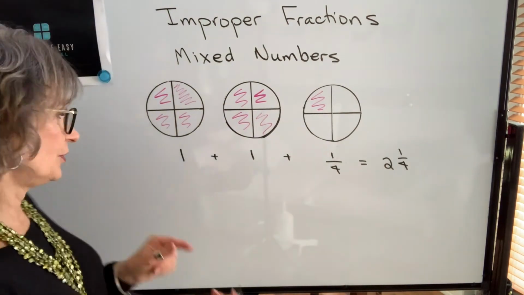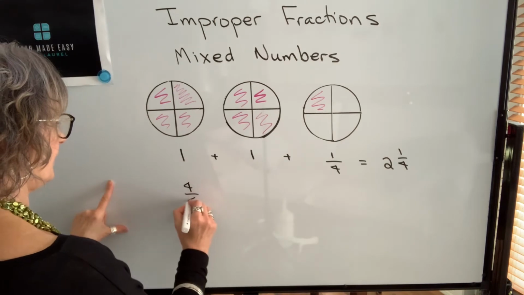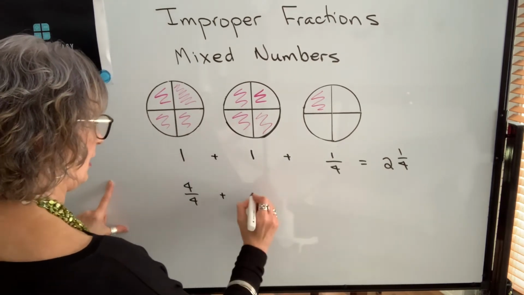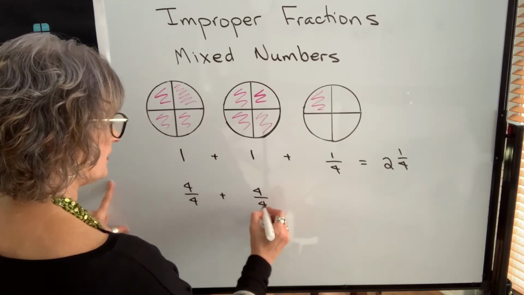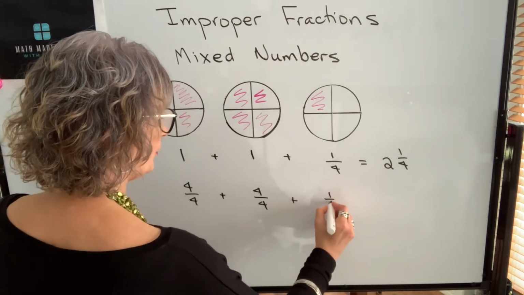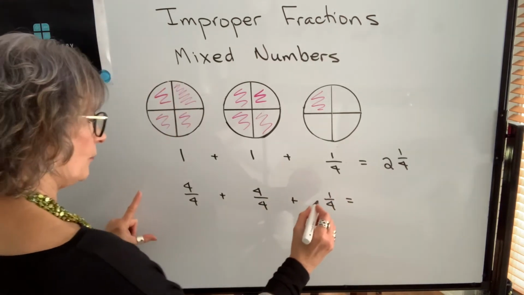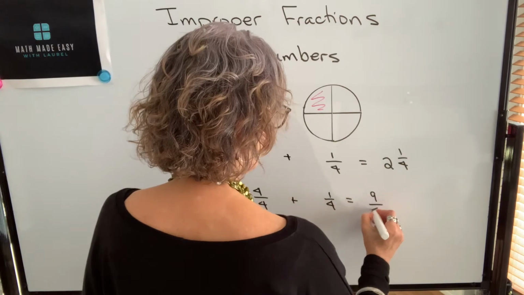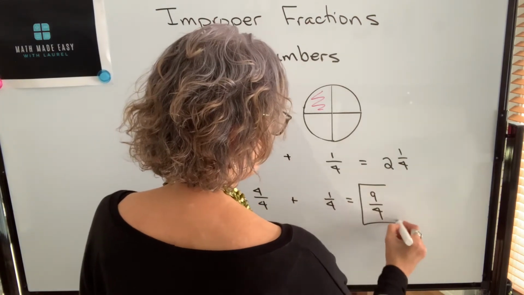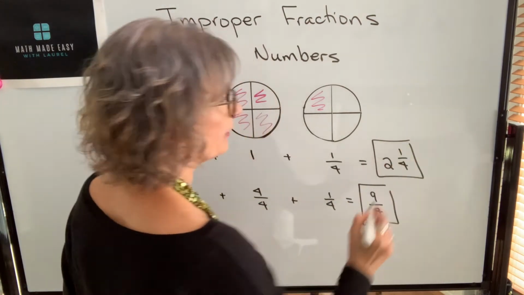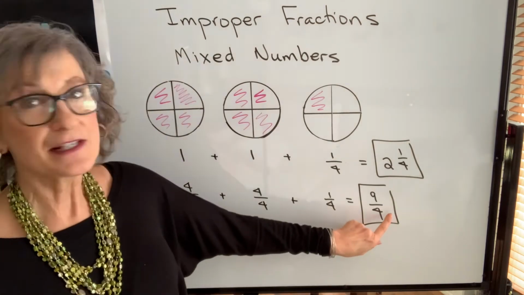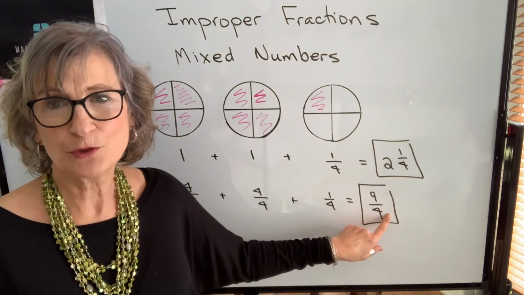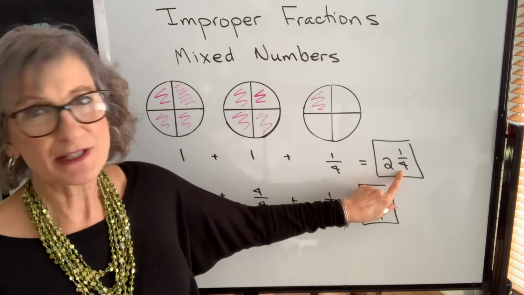Or you could say that you ate 4/4 of a pie, which is a whole pie, another 4 out of 4 pieces, plus 1/4, and that would be 9/4. These 2 numbers are equivalent. This is an improper fraction because its value is greater than 1, and this is a mixed number.